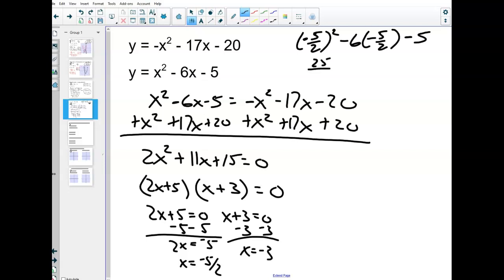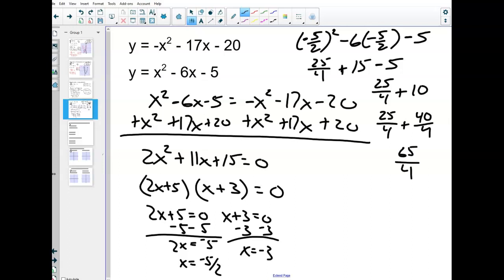That's 25 over 4 plus 15 minus 5. And I'll make that 25 over 4 plus 10. Get your common denominator. 40 over 4. That y term is 65 over 4, or I believe 16.25 if you did your decimals.